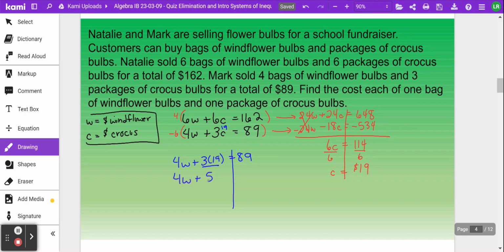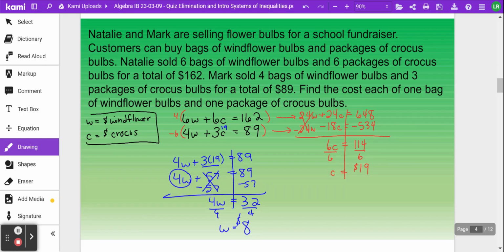That's going to be 57. Two-step equation. There's the W. So I'm going to minus 57 on both sides. Get 4W equals 32. Divide by 4. And the windflower bulbs are going to cost $8.